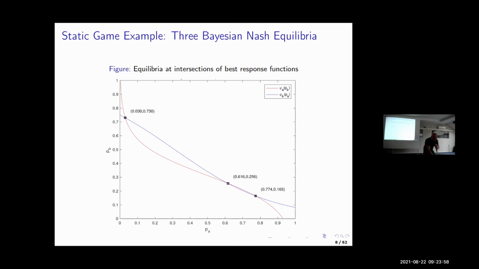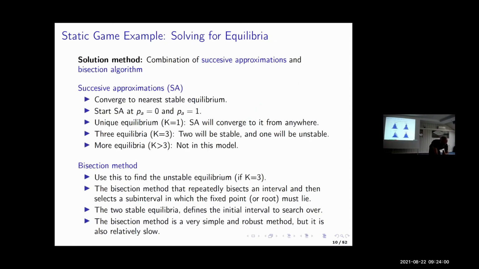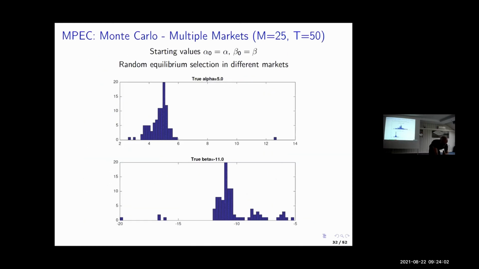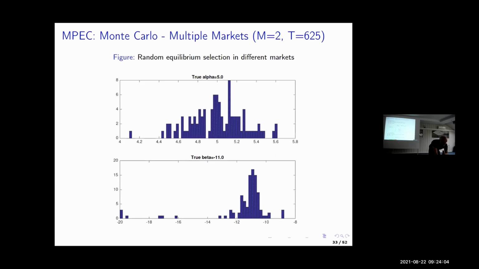So let's do a little bit of Monte Carlo and see how the nested pseudo likelihood estimator is doing. We looked at the two-step, and that was all right. Here's the method.